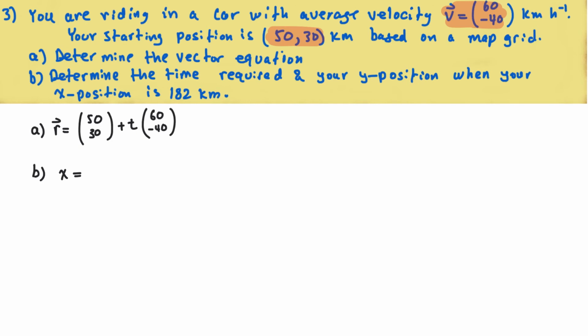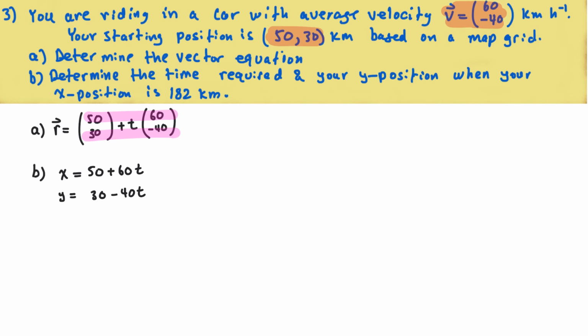So x is the top and y is the bottom. For x, we have 50 plus 60t. And for y, we have 30 minus 40t, because we got -40 times t.